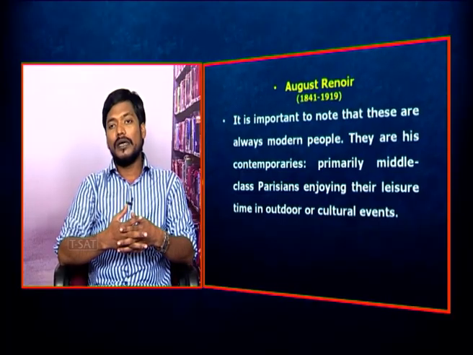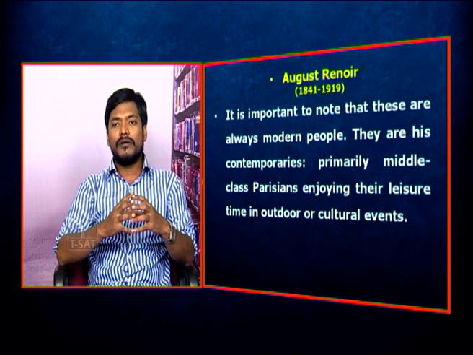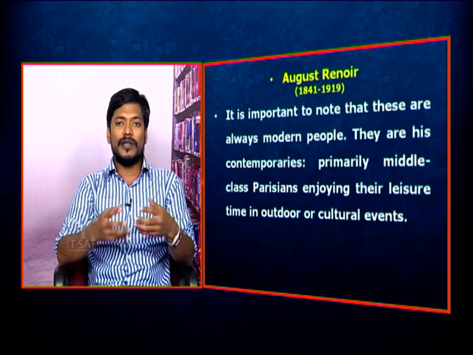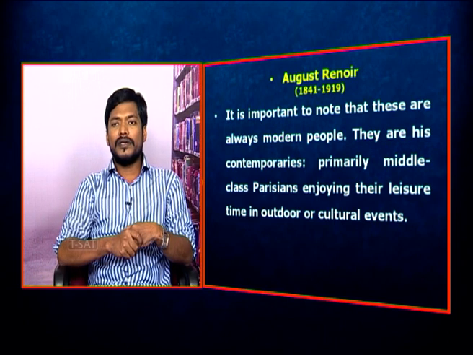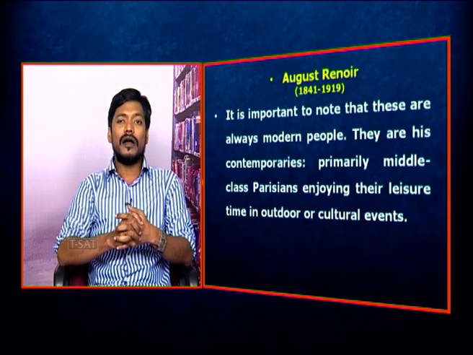Unlike in the context of neoclassicism, where they talked about the Greeks or Romans, here in the modern context the people are modern people, with their activities and their pleasures. They are his contemporaries, primarily middle class Parisians, enjoying their leisure time in outdoor and cultural events.